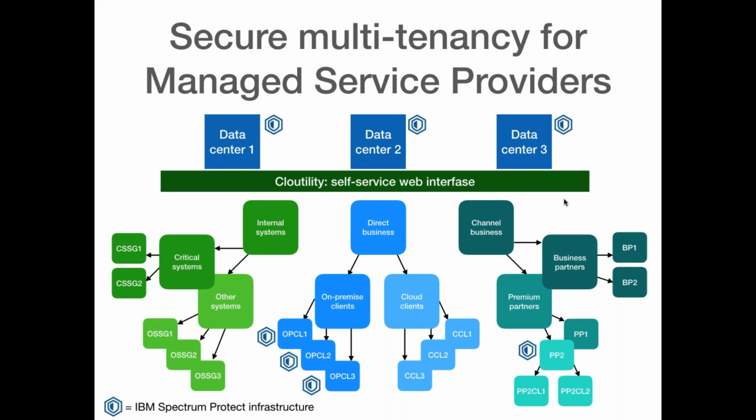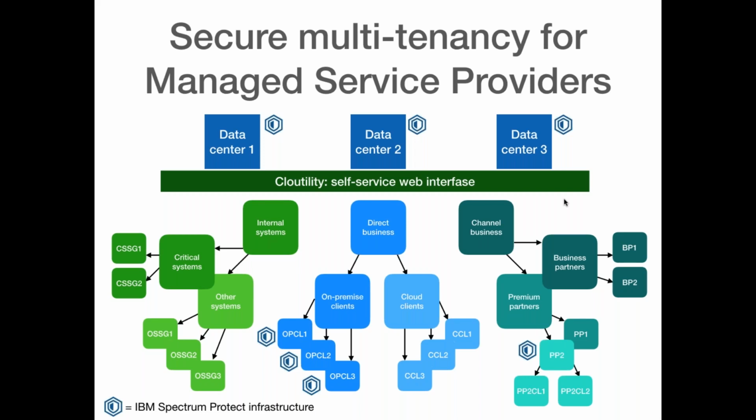Let me give you some examples from the real world. Some of our customers are backing up hundreds of dentists, for example, in their market. These dentists all get their data protection from their application provider, their journaling system provider.